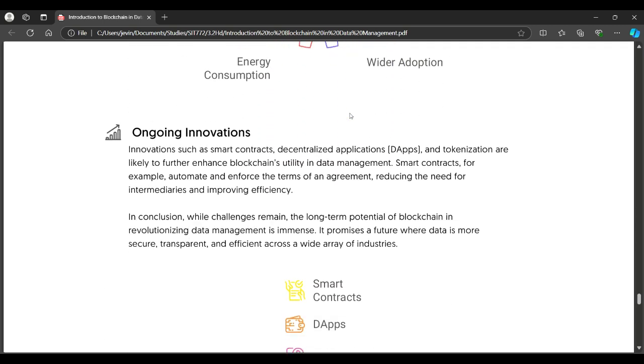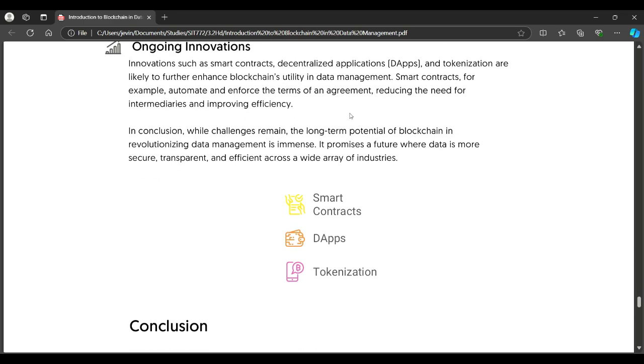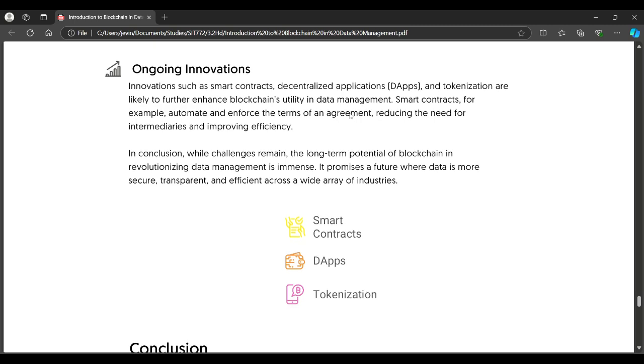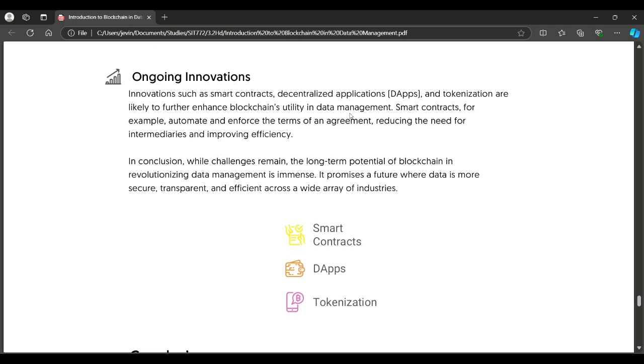So in ongoing innovations, such as smart contracts, tokenization, and dApps, they are using blockchain technology on the database management side, such as to automate the terms of an agreement and to improve efficiency, such as the apps which have tokenizations like that.